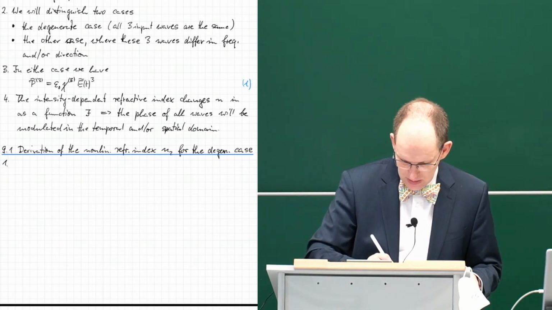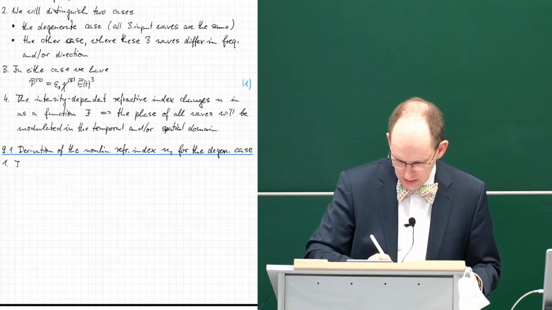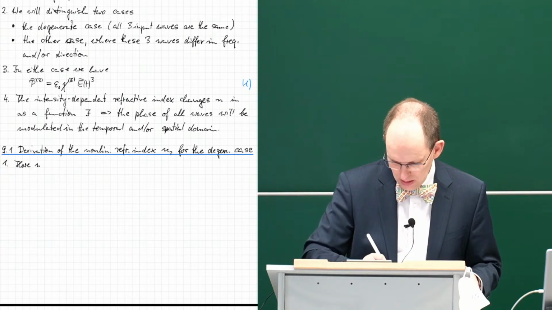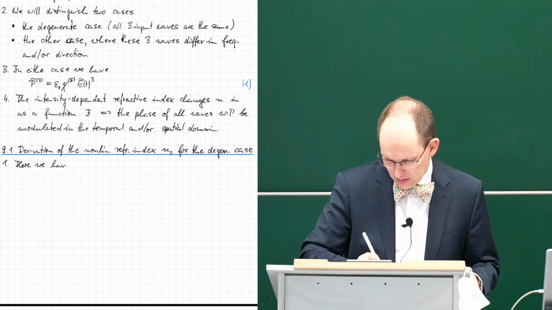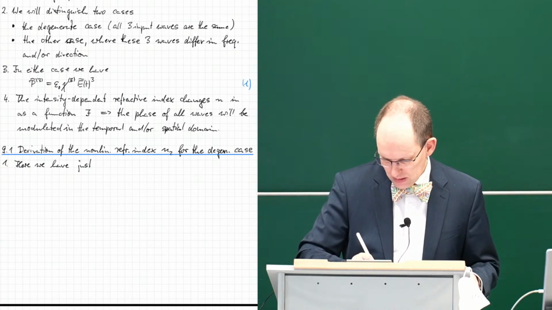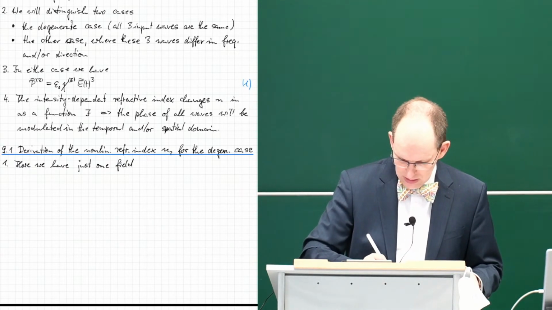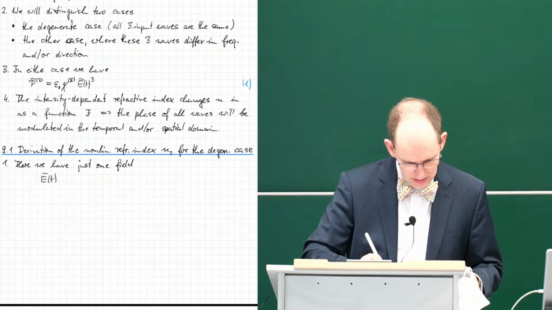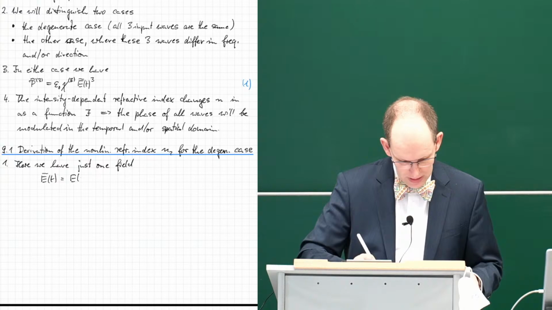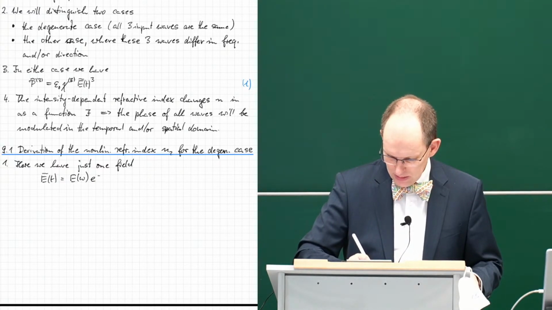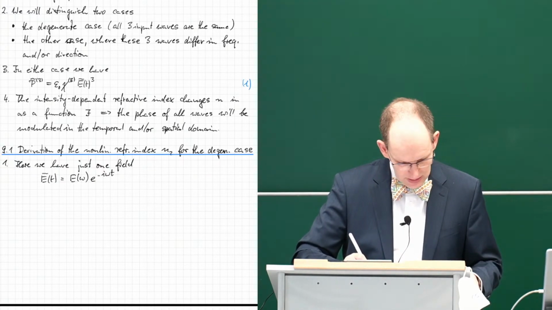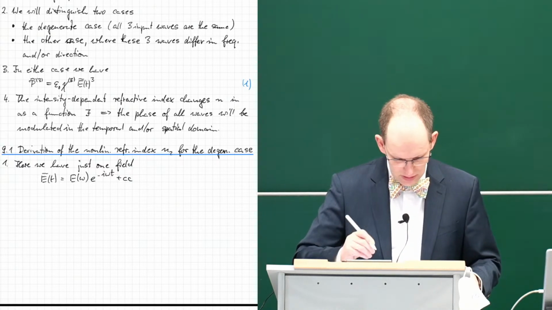Yeah, so here we have just one field. And this means that E of t is given by E of omega e to the minus i omega t plus the complex conjugate.